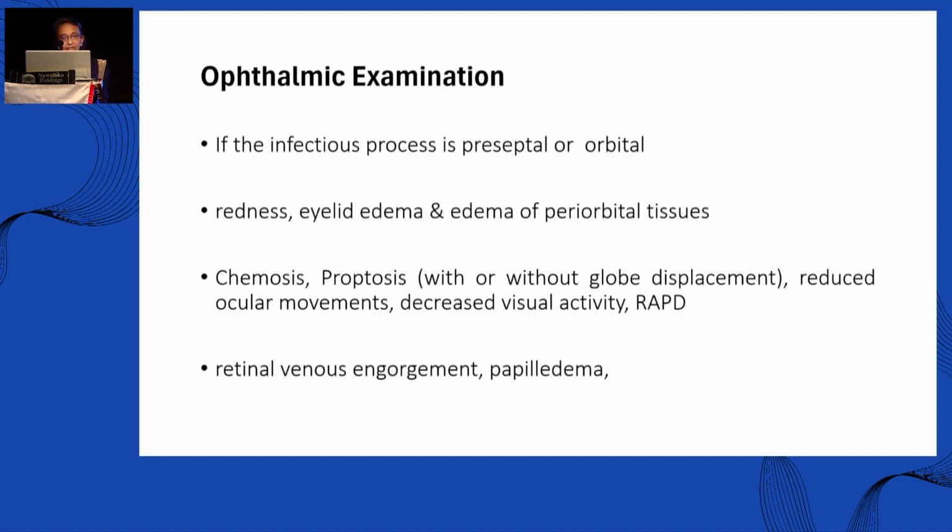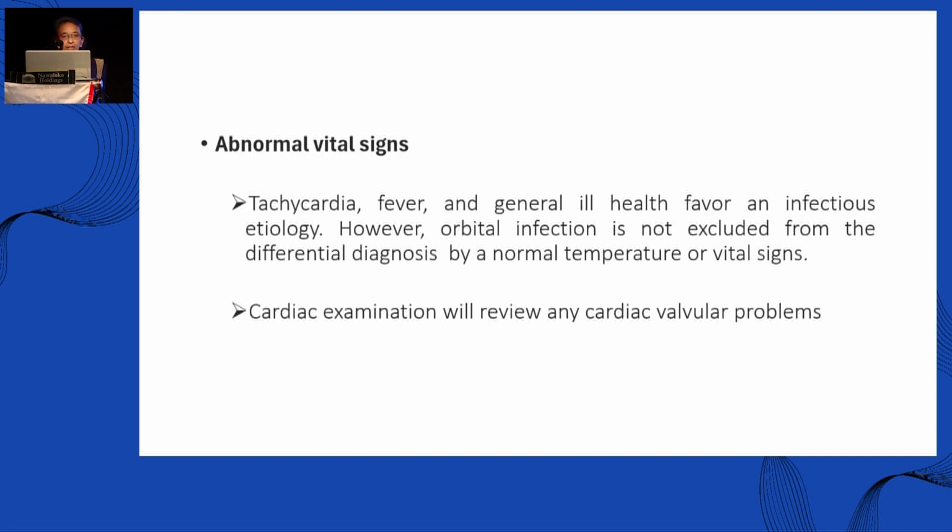When you look at the fundus, retinal venous engorgement and papilledema are in favor of orbital cellulitis with pressure on the globe. At the same time, look over the vital signs: tachycardia, fever and general ill health favor an infective etiology. But there are certain conditions where infection can be present with normal temperature and without any abnormal vital signs.